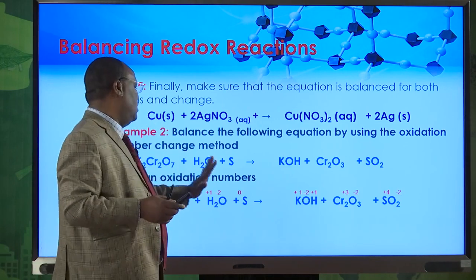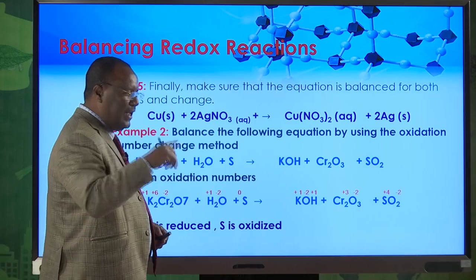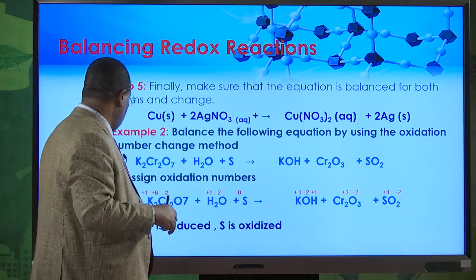Now we assigned the oxidation number of each species in the chemical equation. The next step is identifying the atoms that are reduced and oxidized.